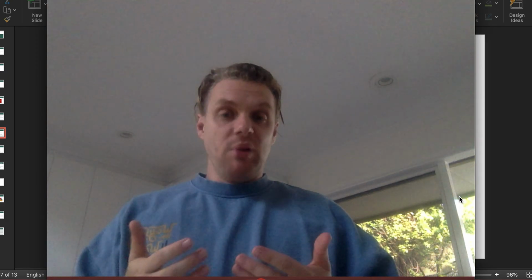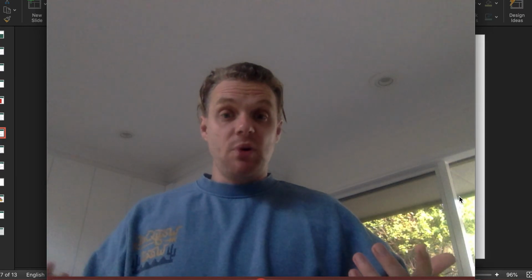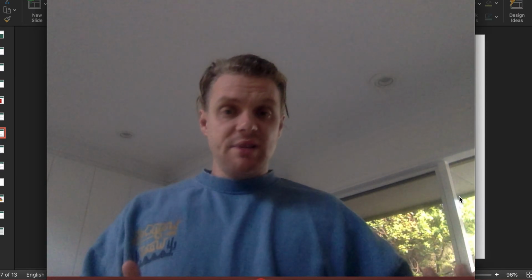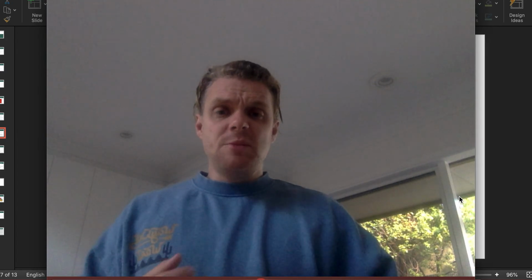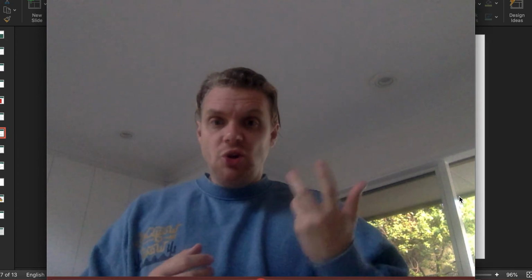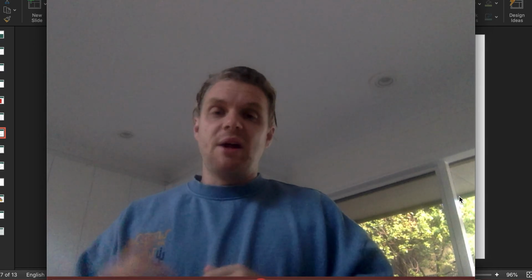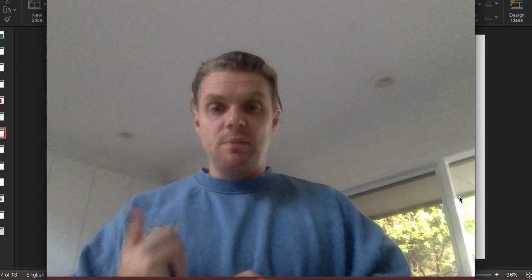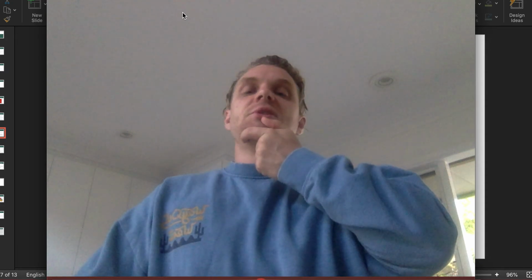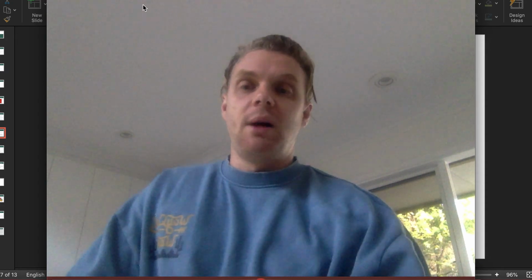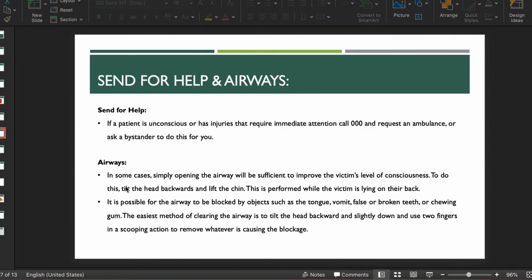That could unblock the airways and cause this person to become conscious all of a sudden. The reason why we use their own hand is because if they do bite down, you don't want to get your hand hurt, so make sure you use their hand when scooping something that's visible out of the airways. So pistol grip, tilt the head back, open the jaw up, and scoop anything out with their own hands.